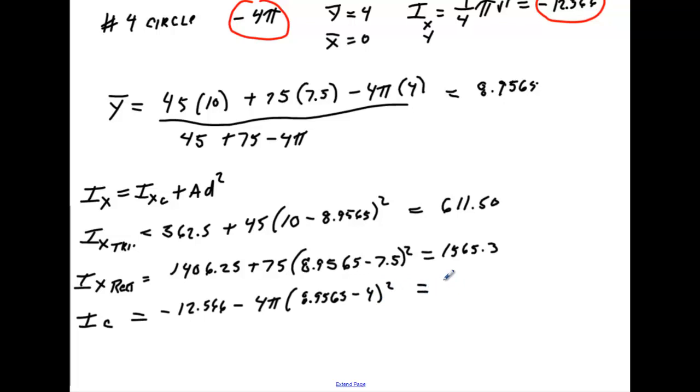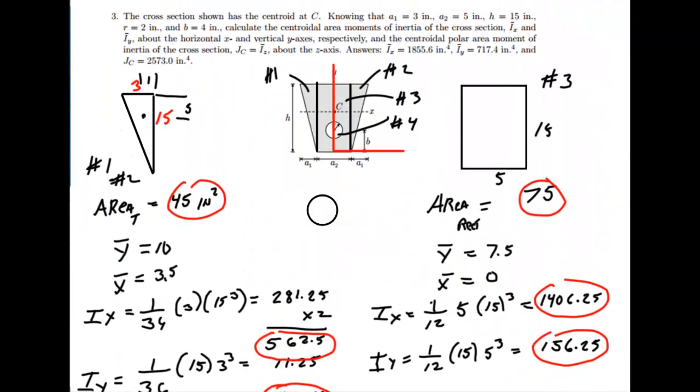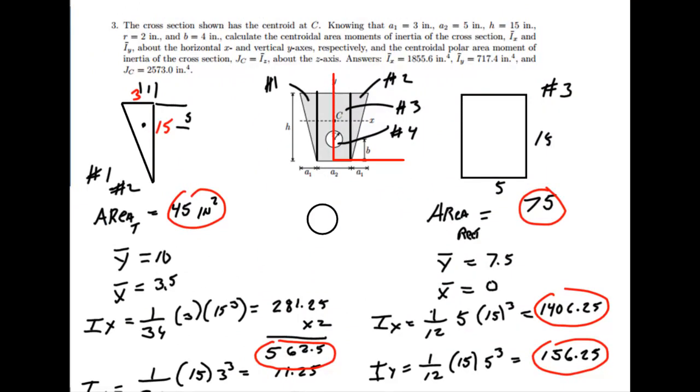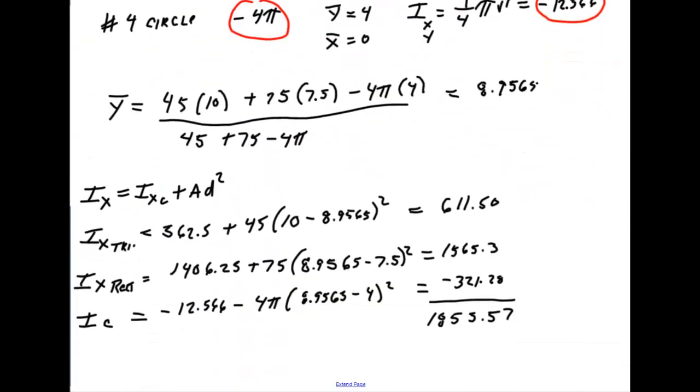That gives us a value of minus 321.28 or so. Again, not going to make much difference. You run the number. And that gives me a value of 1855.57. Let's see how close that is. 1855.57. And the value is 1855.6. That's pretty doggone good, huh?